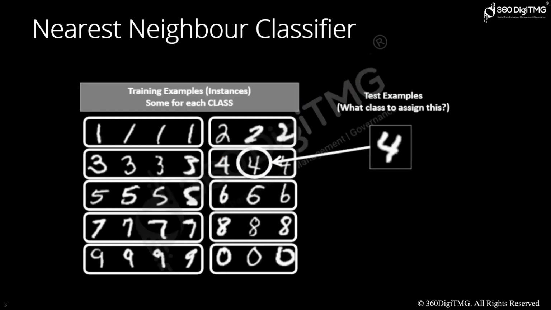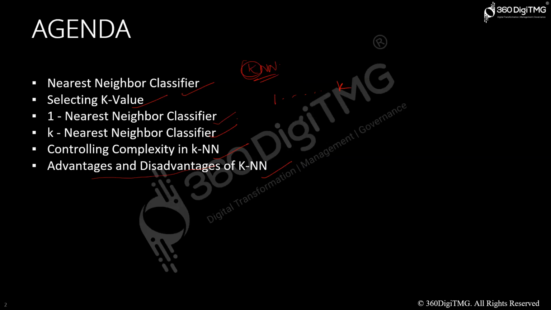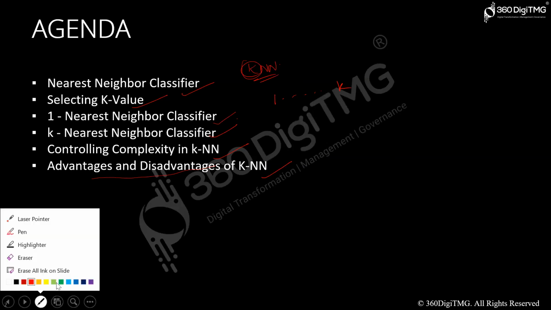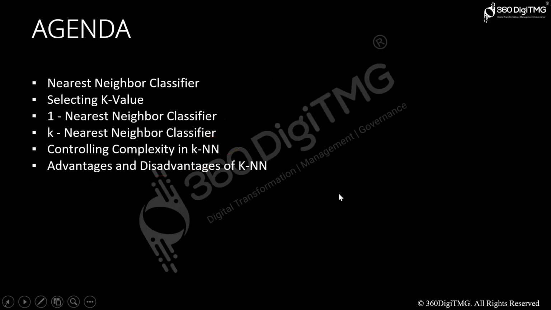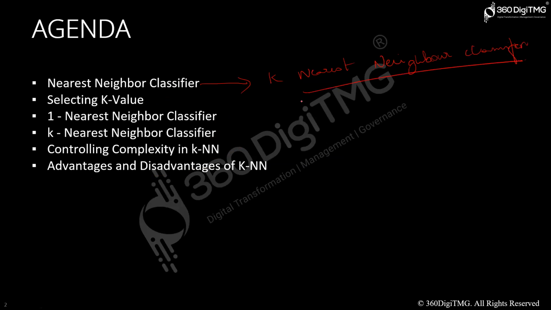Okay, let's move on. First of all, to get an idea of the nearest neighbor classifier, that is K nearest neighbor classifiers.